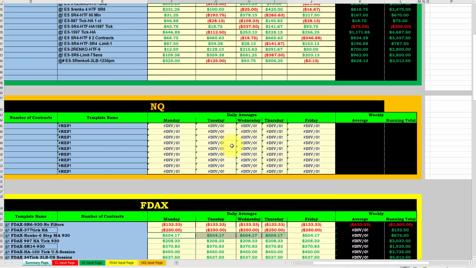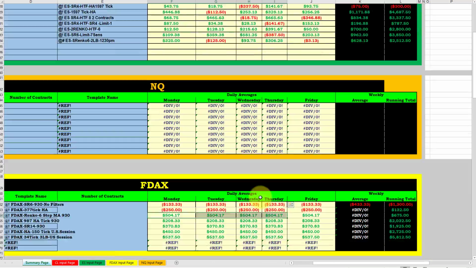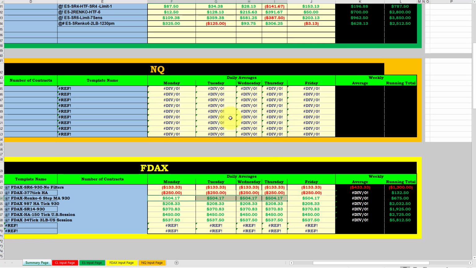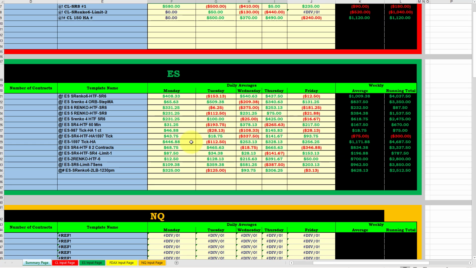So the NASDAQ and the DAX is not working. I had to reformat this page to get all the data on, but I do manage to have the data for the E-mini S&P. What we're looking at here is the average gain by day of week.